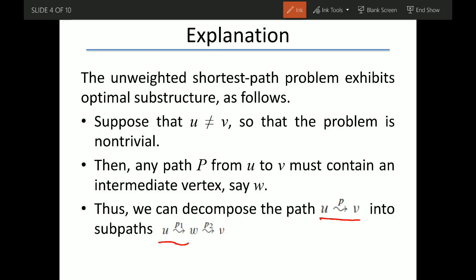The path from U to W can be called P1, and the path from W to V can be called P2.